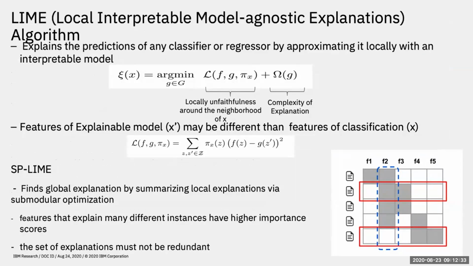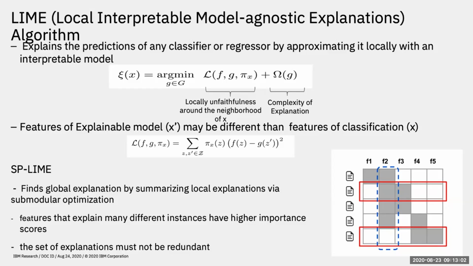Let's first quickly look at the notations of the objective function here. The f is the original complex function which LIME is trying to explain for a given sample x, and g is the simple interpretable model that LIME is trying to learn within the local neighborhood of the given sample x, and that is denoted here by pi x.